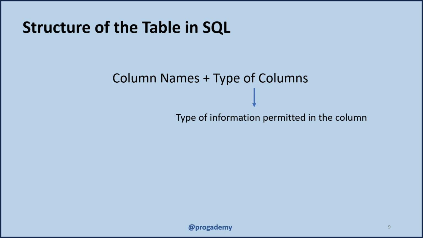The type of column means the type of information permitted in the column, which means data types. So when we say data type, or type of information permitted in the column, that brings into the picture the concept of data types.